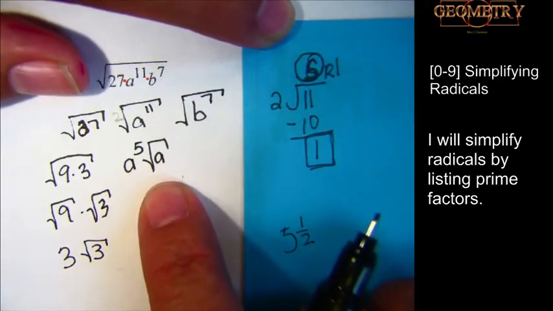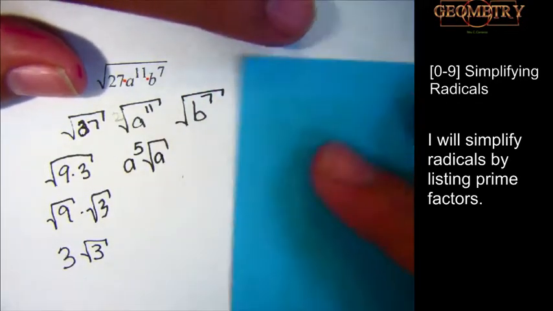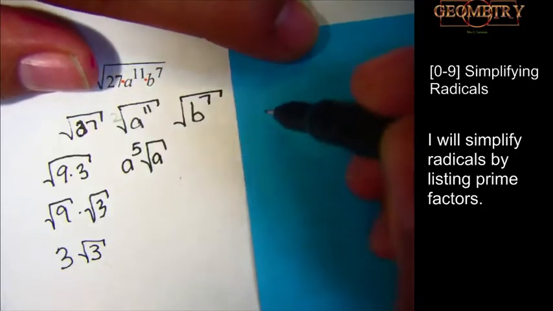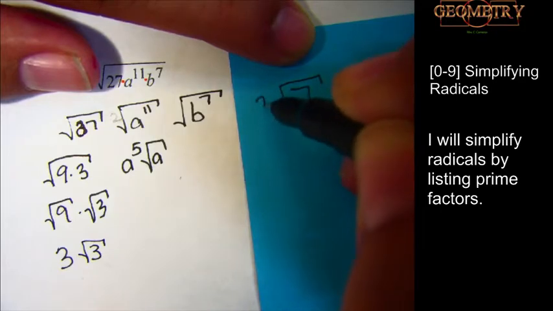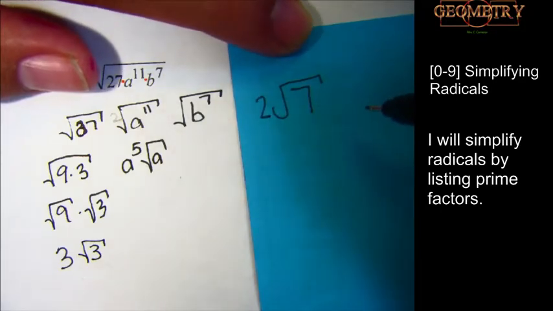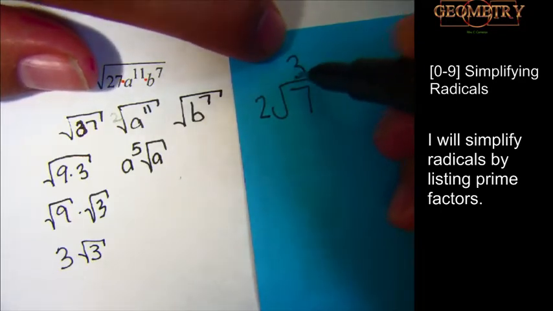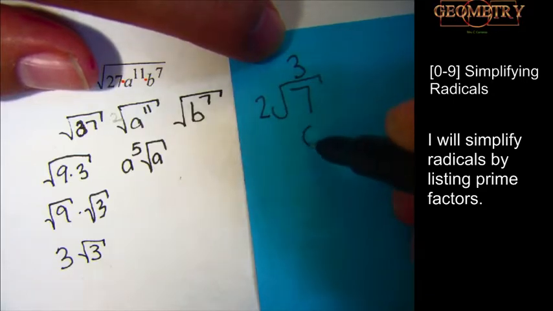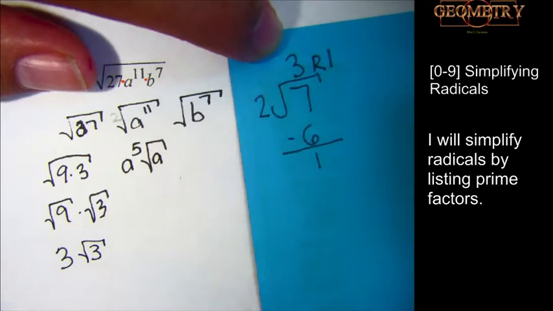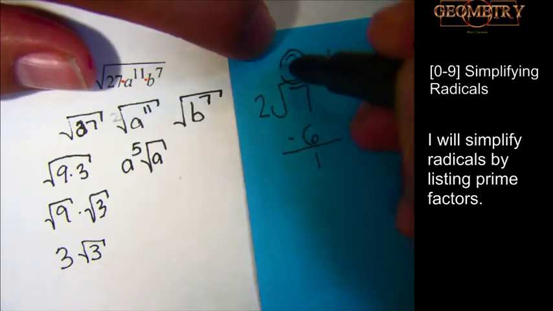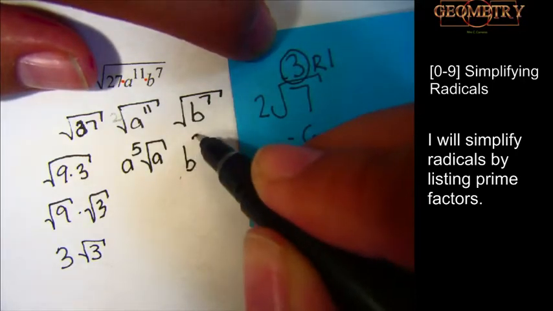I'm going to leave this here for now. Let's do it with this one. Okay, we're going to take 7 divided by 2. 7 divided by 2 is 3, she said. 3 times 2 is 6. Gives me a remainder of 1. So this is the power of the thing outside.